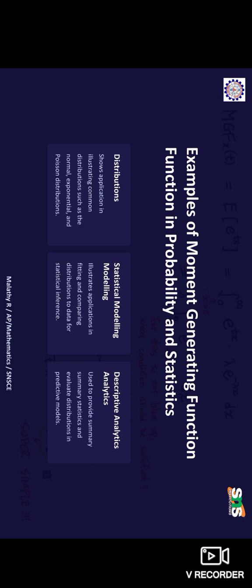That is, if you are having discrete data, we have to go for Poisson. If you are having continuous data, we have to go for the normal one. So Poisson, exponential all come under discrete random variable.